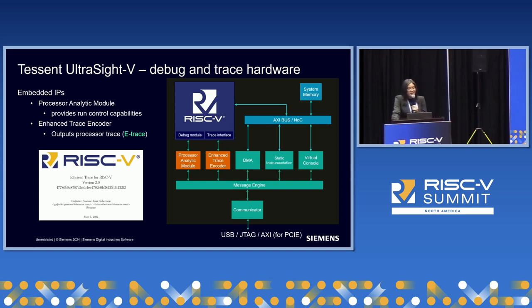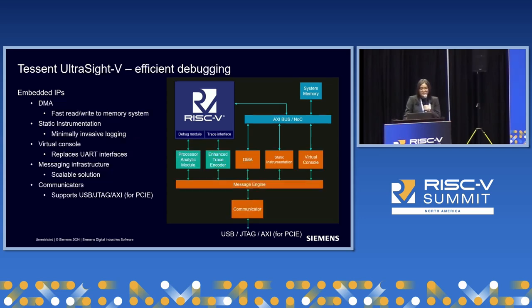So let's look at the embedded IPs in UltraSight-V. We have a processor analytic module that provides run control capabilities, and an enhanced trace encoder that encodes the processor trace in a highly compressed manner. It leverages eTrace, which is a specification originally donated by UltraSoC, who was acquired by Siemens, and Siemens continued to play an instrumental role in the eTrace specification.